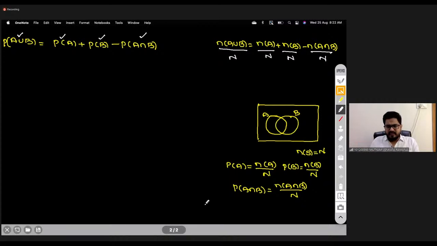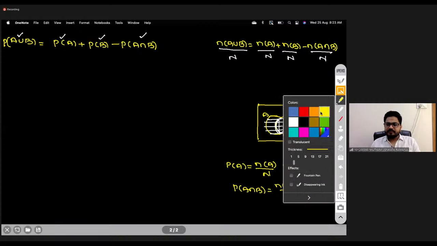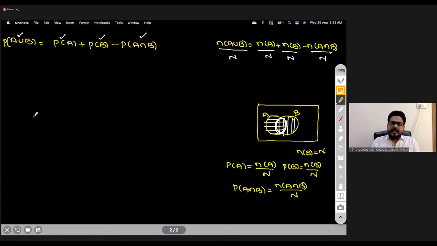This comes straight from set theory, because the number of elements in A union B is equal to the number of elements in A plus the number of elements in B. Since the number of elements in A intersection B is counted twice, you need to subtract it once. This is the usual way. But here some sub-theorems are there, I'll explain.